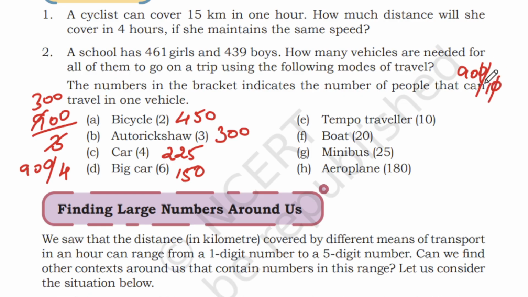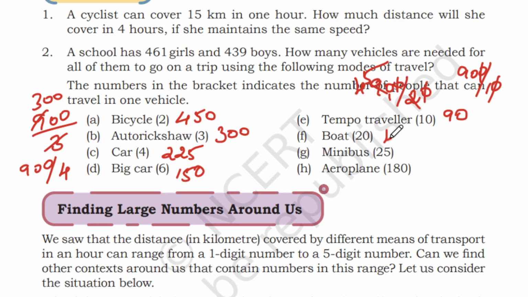You cut these two zeros, it's 90 students. And 900 divided by 20, cut these two zeros. So 2 fours are 8 and carry 1 here. 2 fives are 10, so that is 45.